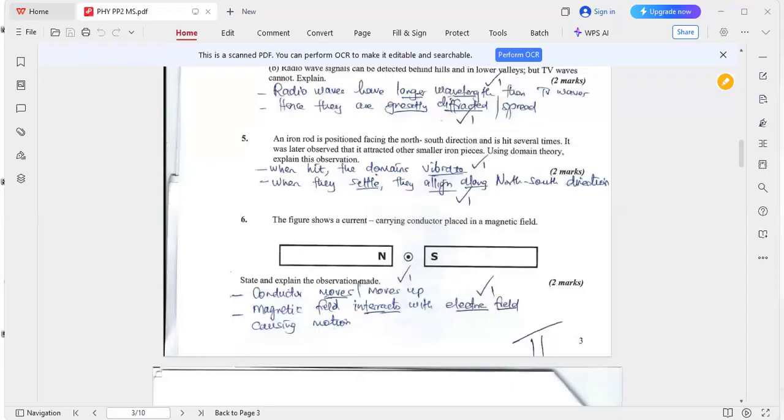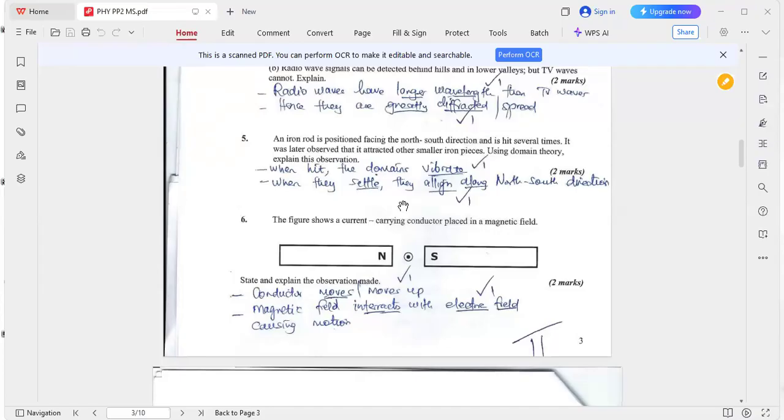Then the second one, the explanation is they settle in the north-south direction, or they align themselves in the north-south direction, creating a magnet. So the hammering process is a mechanical way of magnetization.